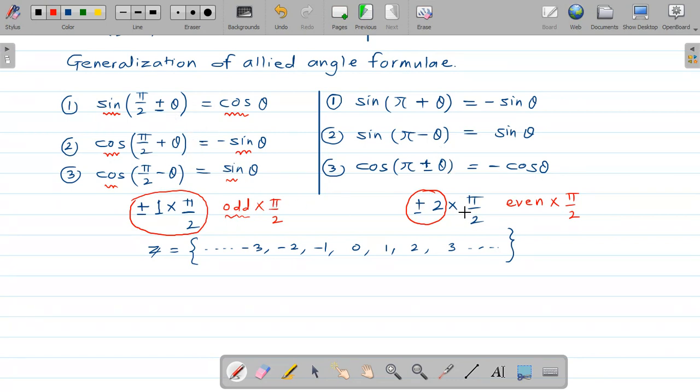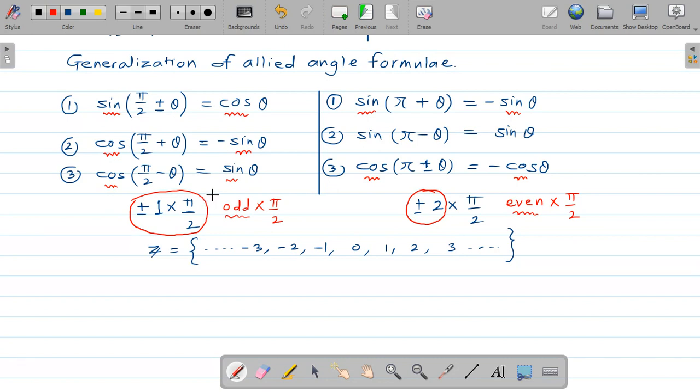Similarly, in the case of an even multiple of pi by 2, see the left hand side. The left hand side contains the sine ratio, and the right hand side also contains the sine ratio. Similarly here the left hand side contains the cos ratio, and the right hand side also contains the cos ratio. So there is no change in the trigonometric ratios whenever there is an even multiple of pi by 2.